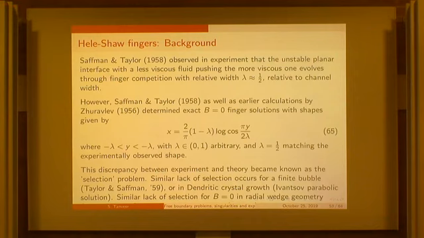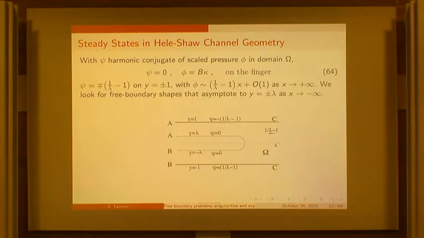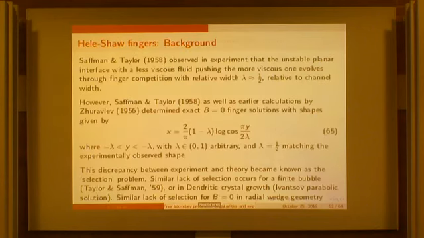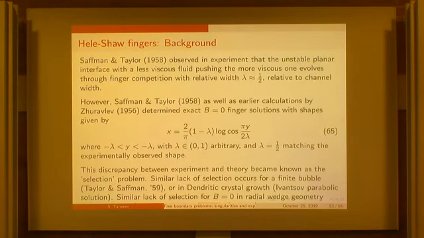It's in terms of a conformal map, but in this case, you can write it in the X, Y variables. This is the shape, X being this variable X, and this is Y, right? And this shape is described by this solution. Okay.